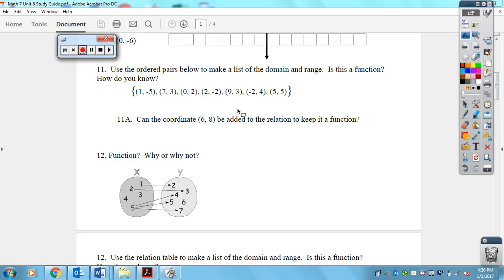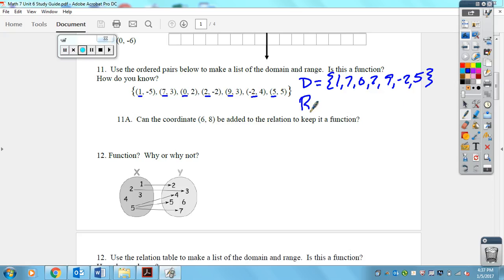Number 11 asks us to use the word pairs to make a list of the domain and range. Is it a function? How do you know? The domain is all of the x's, which is 1, 7, 0, 2, 9, negative 2, and 5. The range is simply the y's, which would be negative 5, 3, 2, negative 2, another 3, so I would not list it again, 4 and 5.